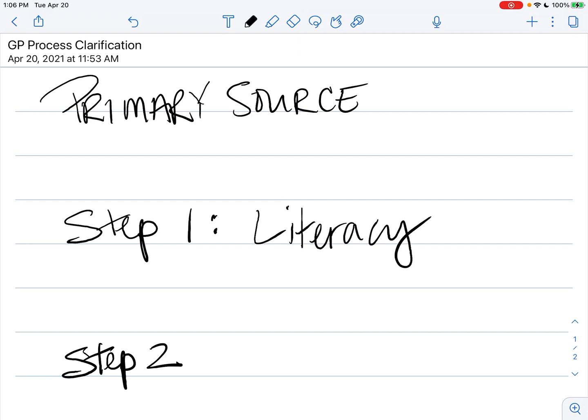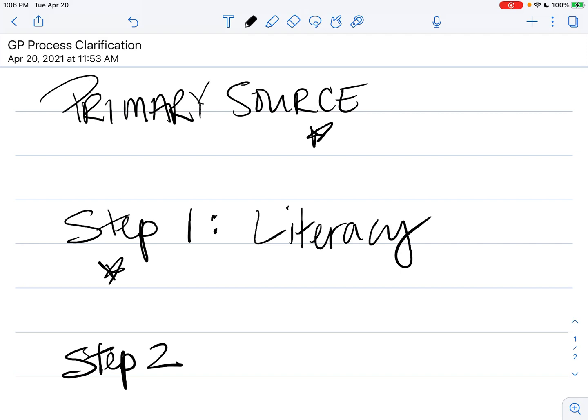You wanted to create that working definition of what literacy is to you. Now, I'm not sure how many people actually read all of what was in the document that I gave you for step 1, but I gave you your primary source reflection up here, and then here, I gave you some background information on what the concept of literacy has been traditionally throughout history and how that's evolved.